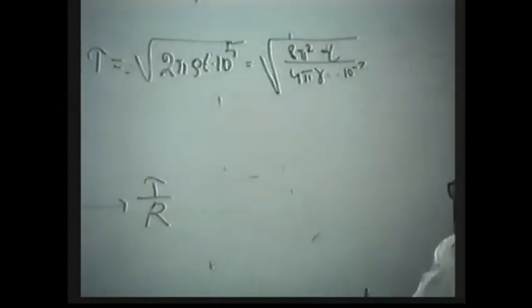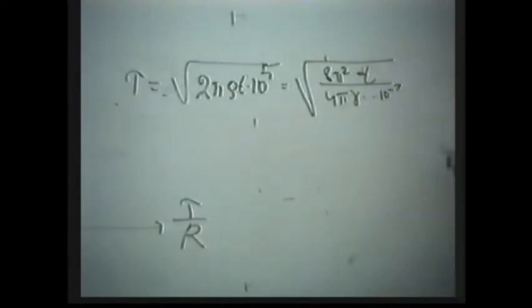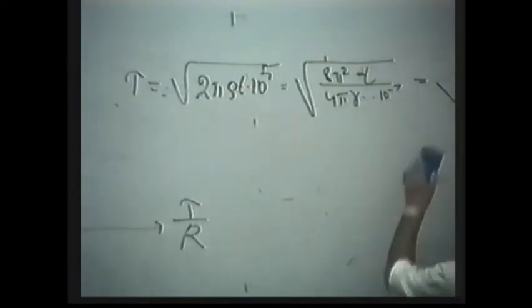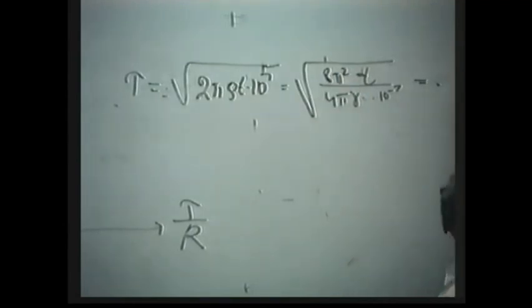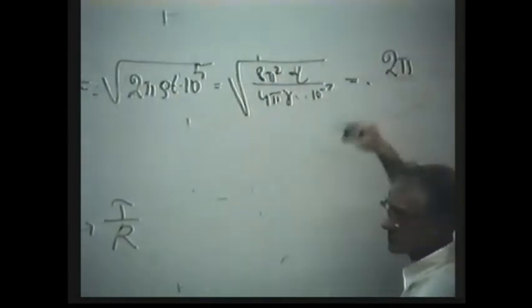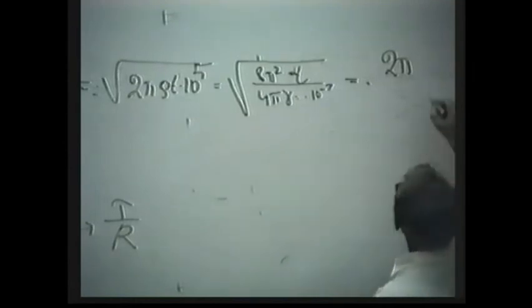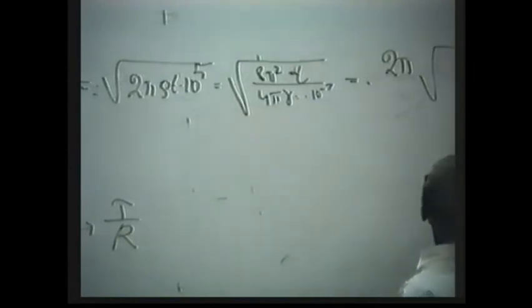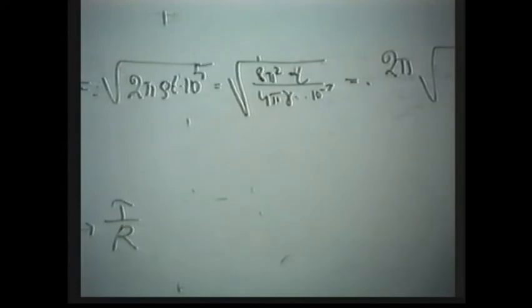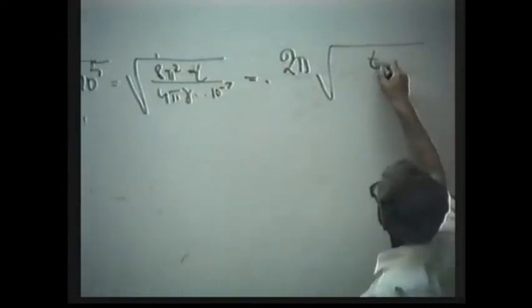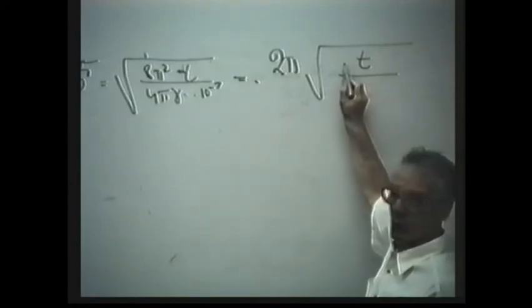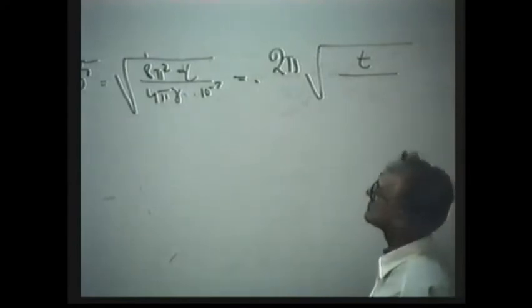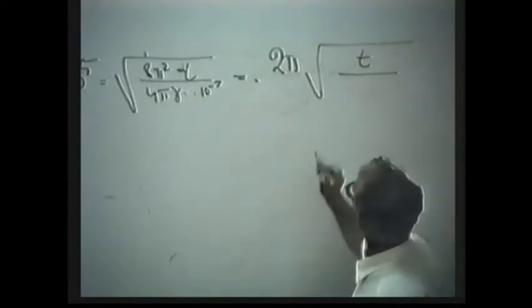Now I hope you recognize something. Here we can take out 2 pi. What is left? Here time. What do I have to write here?